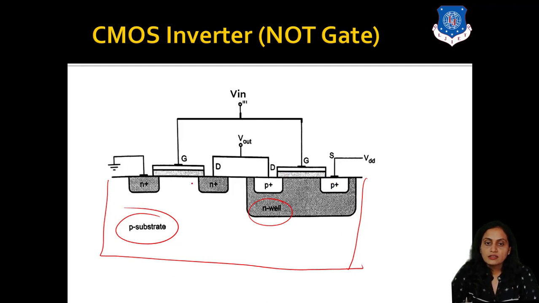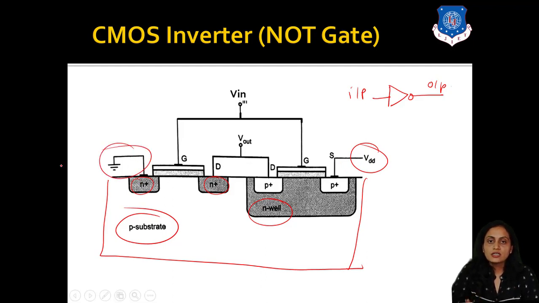Here this is the source and this is the drain, and this is the gate terminal. So input is applied to the gate terminal of both N-type and P-type, and output is taken from the drain terminal which is connected to both N-type and P-type. The source terminal of the PMOS is connected to VDD, and the source terminal of the NMOS is connected to ground. This is what forms the CMOS inverter.